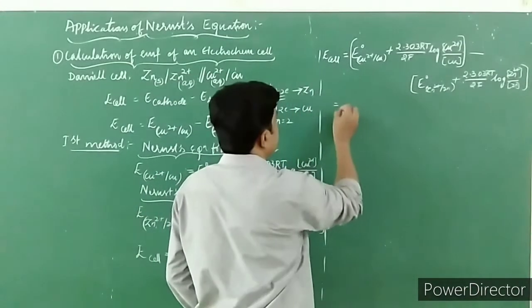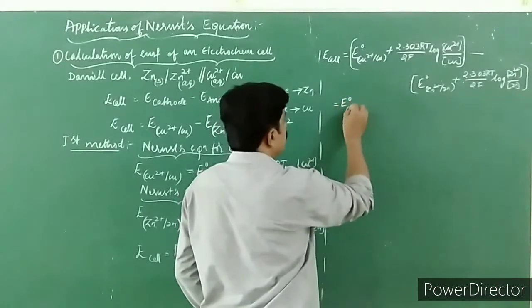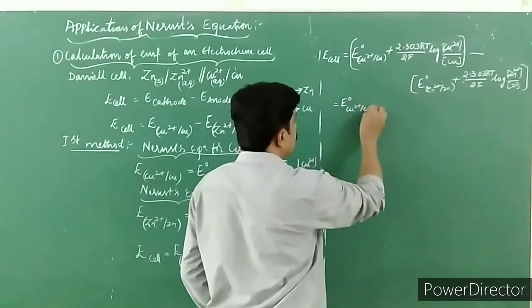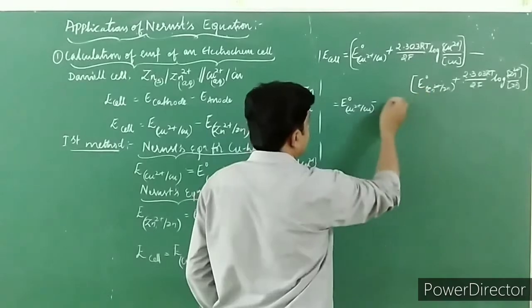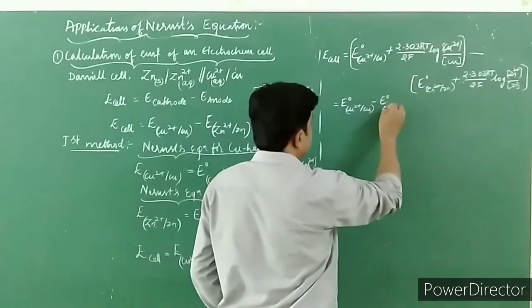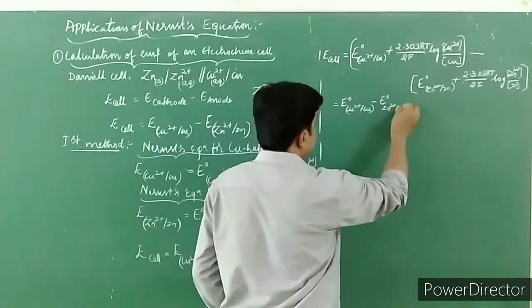Now let me write E° Cu2+|Cu minus E° Zn2+|Zn.